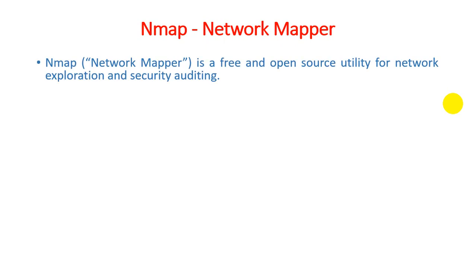Nmap, the Network Mapper, is a free and open source utility for network exploration and security auditing. In a single sweet line, we can easily understand what a network mapper is and why we are focusing on it: it is free and open source, and it provides two different and really important aspects in the cyber security world, known as network exploration as well as security auditing.